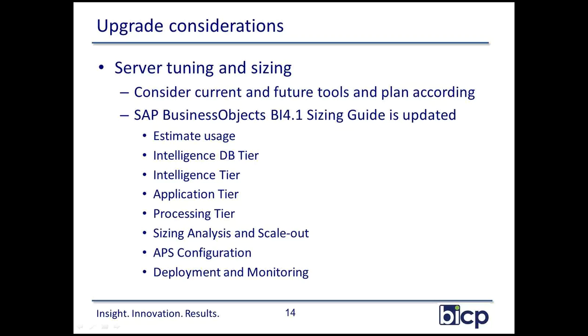So this tuning definitely needs to take place to provide that allocation of those resources properly. And the sizing guide does point out how to do this in terms of estimating the usage and at the variety of different tiers of the processes listed on this page. It goes through those individually. So very good tool to go through.